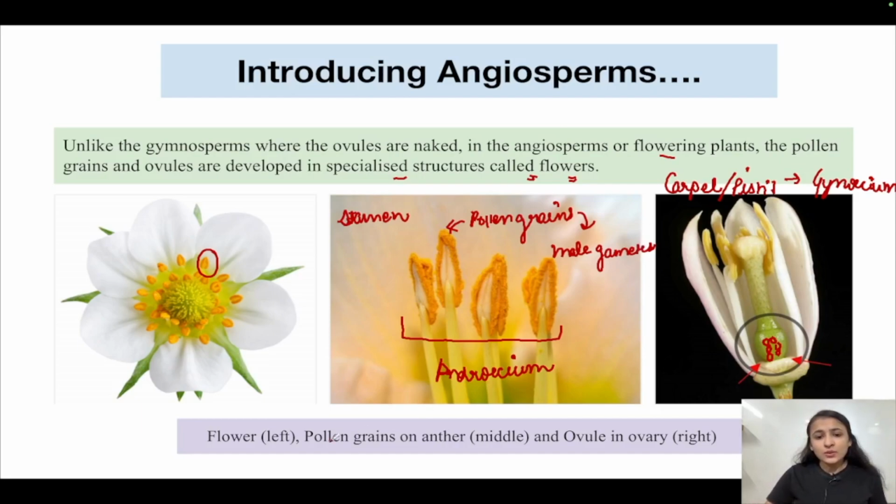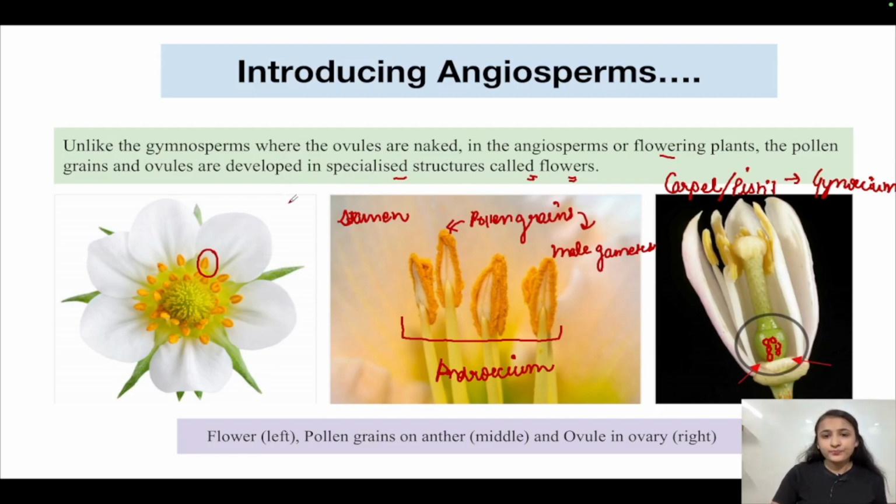So flower on the left, pollen grains in the middle, and ovules in the ovary on the right are being depicted in this slide. Basically this slide is saying that the pollen grains and the ovules are developed in specialized structures known as flowers. Now you can see both these male and female reproductive structures are present inside this flower.